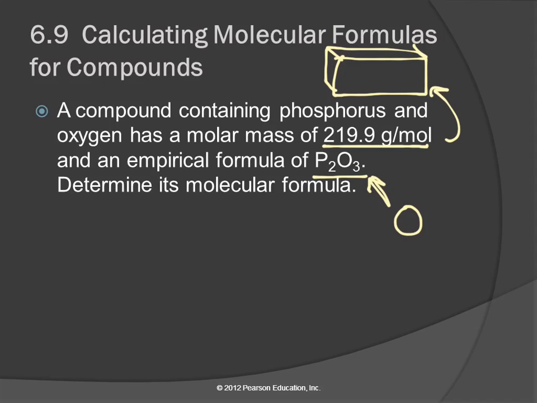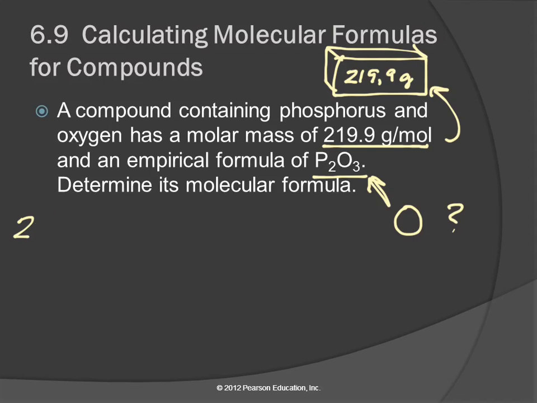And we need to figure out how many of these are in the box. The box weighs 219.9 grams. How much does each of these weigh? Can we calculate that? Sure we can.